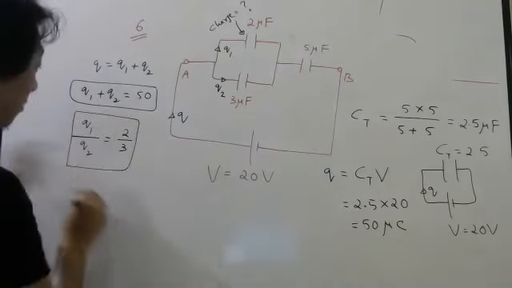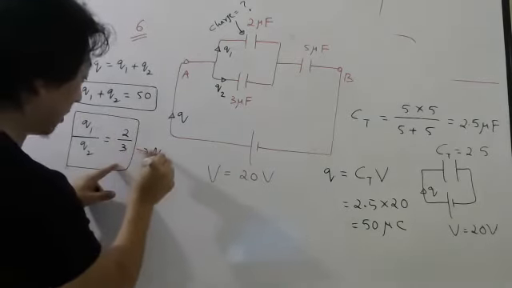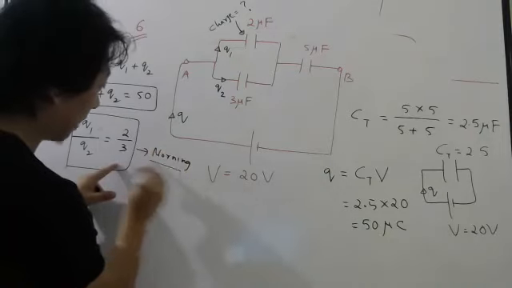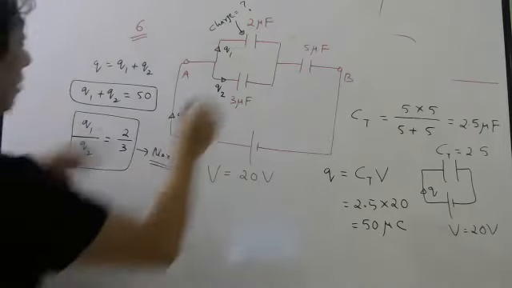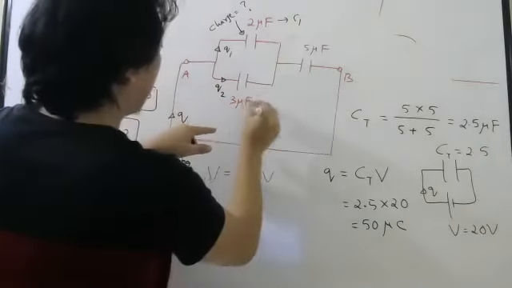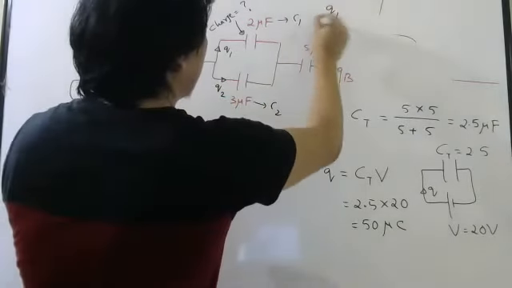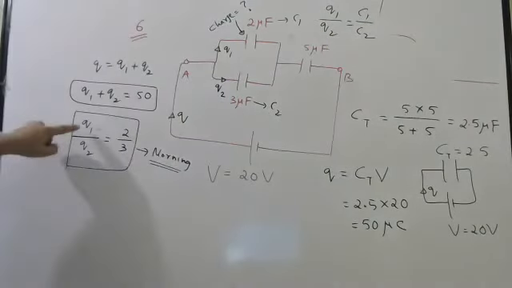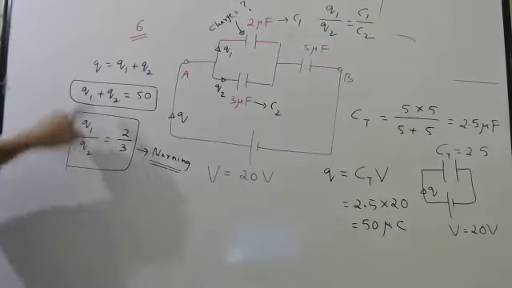This I did today in the morning. Morning time we did. Now it is afternoon, I know. If I call this C1 and this C2, already I have told you Q1 by Q2 will be C1 by C2. So now look here, you know the ratio, you know the sum.